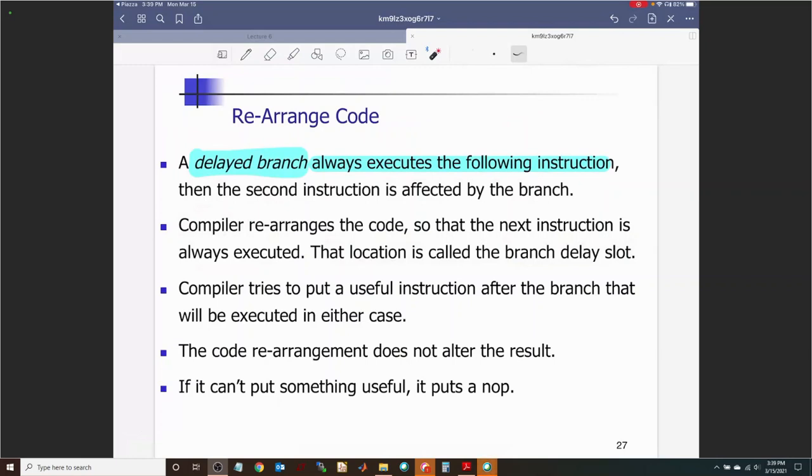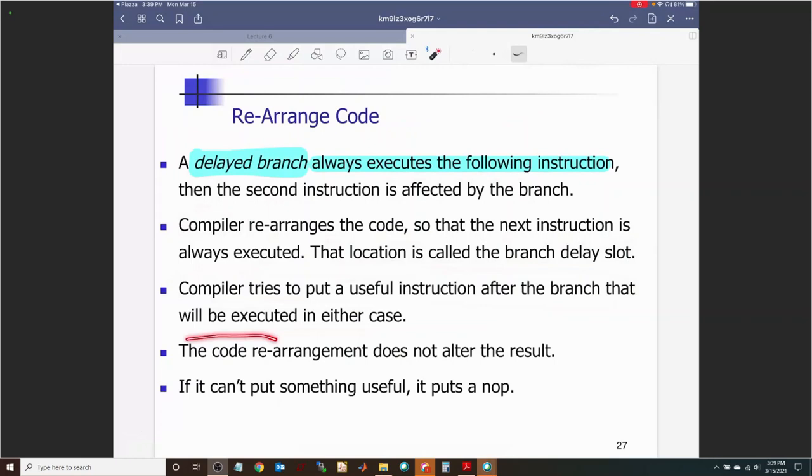The compiler tries to put a useful instruction after the branch that will be executed in either case, because I want to benefit from that. That is going to always be executed, so why not use it for an instruction that helps my program move forward?